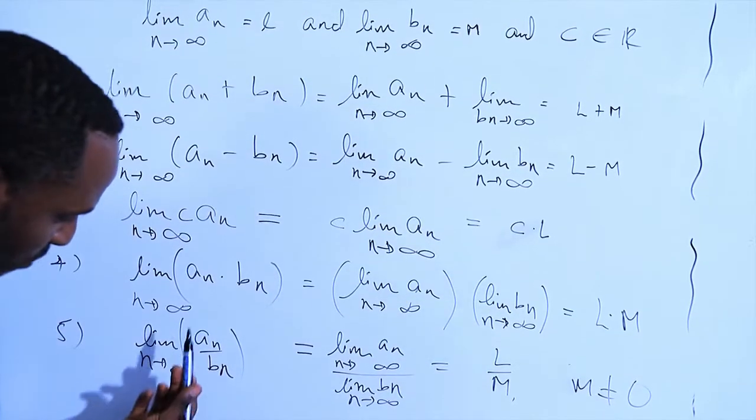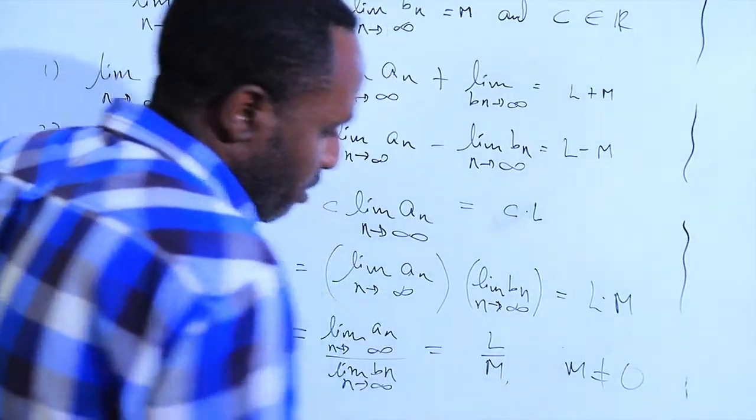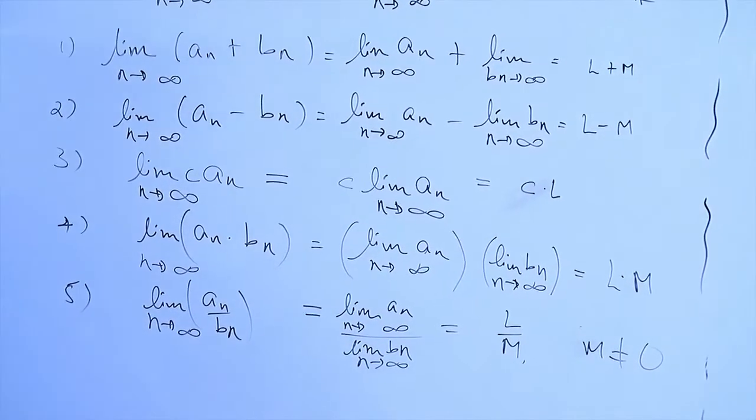So the limit of an over bn as n tends to infinity equals L over m.